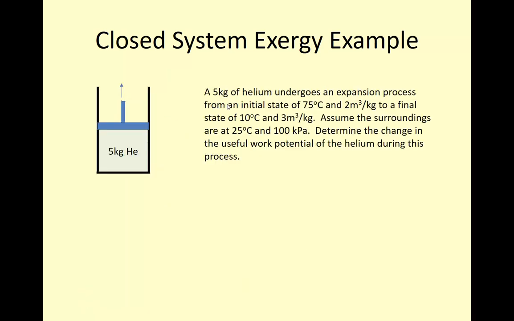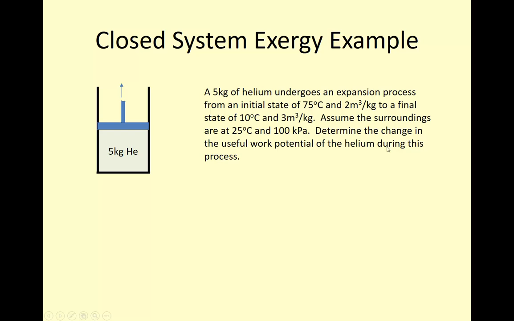So let's do an example: a closed system exergy analysis. 5 kilograms of helium undergoes an expansion process from an initial state of 75 Celsius and 2 meters cubed per kilogram to a final state of 10 degrees Celsius and 3 meters cubed per kilogram. We're to assume the surroundings are at 25 Celsius and 100 kilopascals.